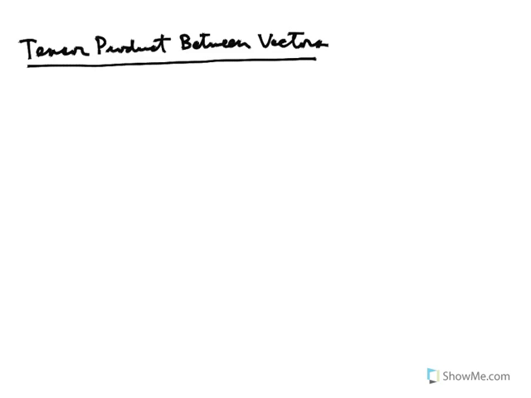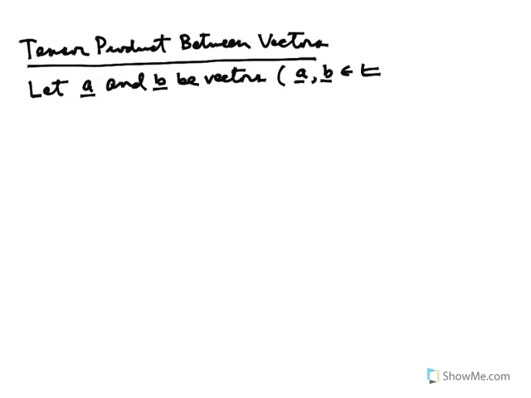In order to start that discussion, we need to define a key construct, which is what's called a tensor product between vectors. A tensor product between vectors is defined as follows. Let A and B be vectors, so A and B are elements of three-dimensional Euclidean space.